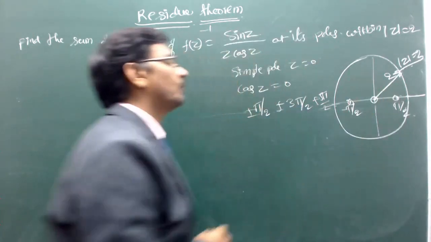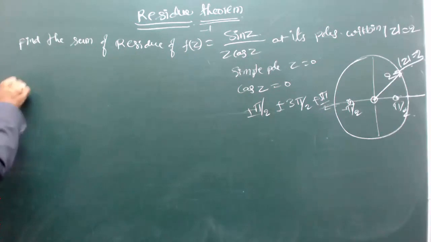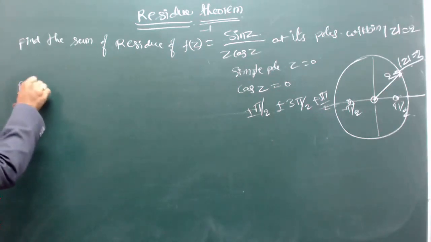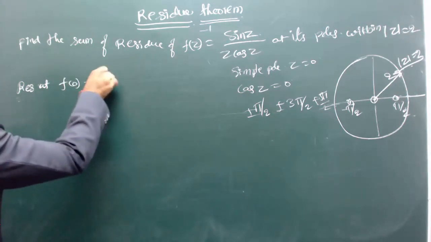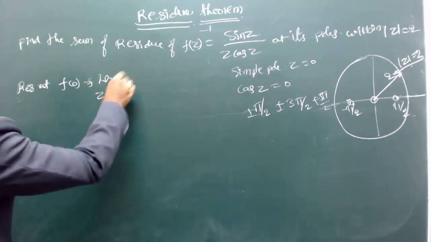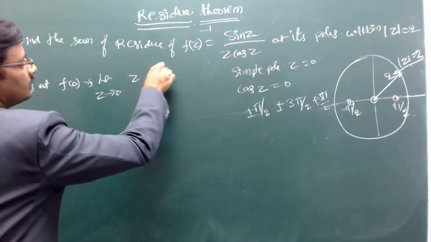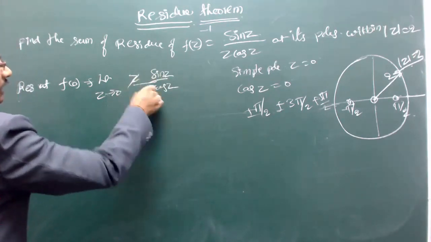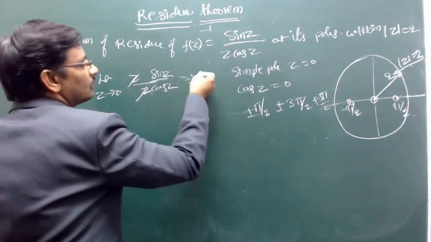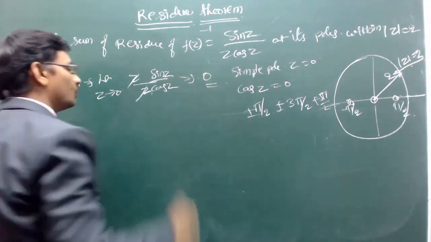Now we take the first pole, that is z is equal to 0. So the residue of f at 0 is nothing but the limit z tends to 0 of z into sin z by z cos z. So this z will cancel out. Sin 0 by cos 0 is nothing but 0. So this is one residue.